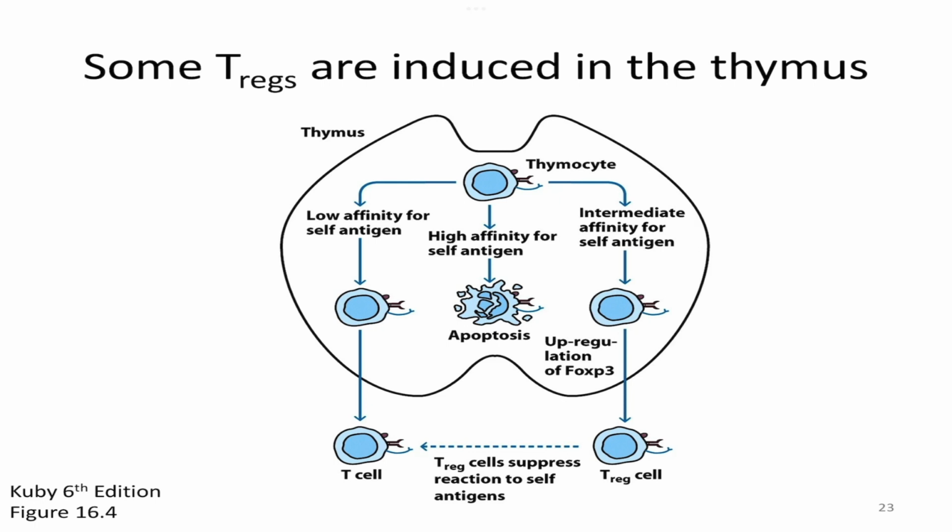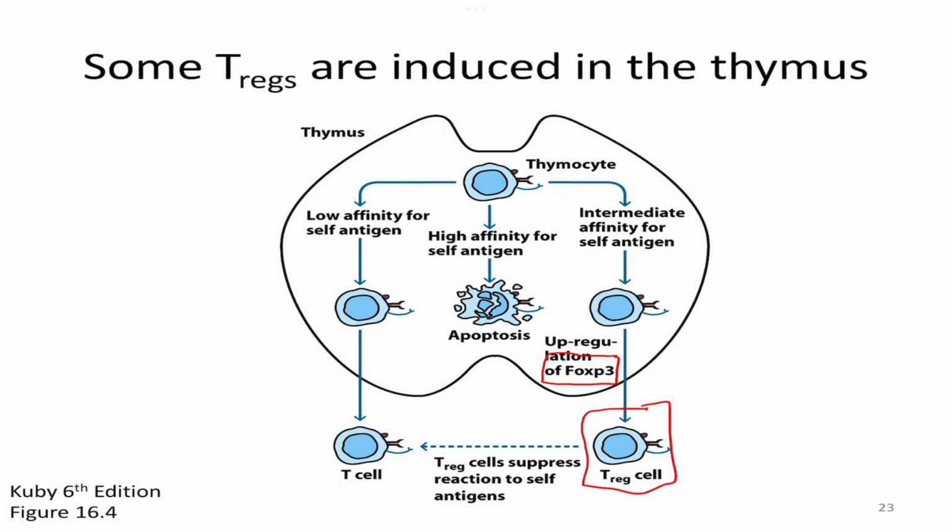But some Tregs become Tregs in the thymus and stay Tregs for life. And so you can see the Treg coming out of the thymus here, and it still had to upregulate FOXP3. So we're still seeing a FOXP3 dependent process here. This Treg that came out of the thymus will still make IL-10 and TGF beta in order to inhibit other cells' responses.